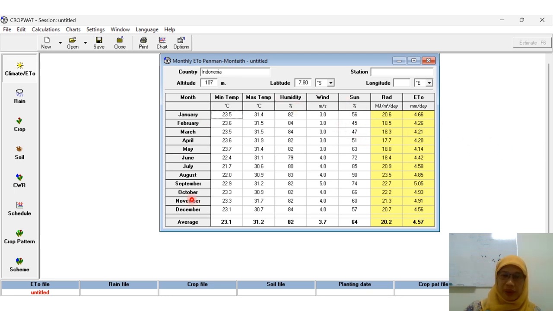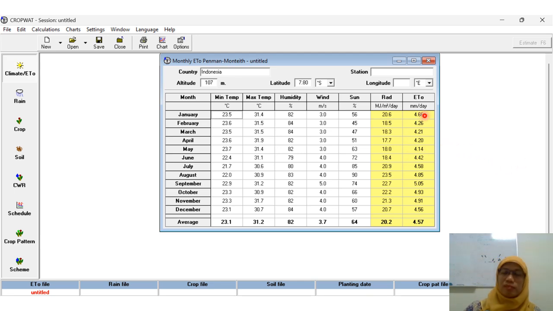If you have completed filling this table and also the altitude and latitude, you will see the ETo by itself. It's already calculated here. The longitude is not necessary. You can fill it or not.